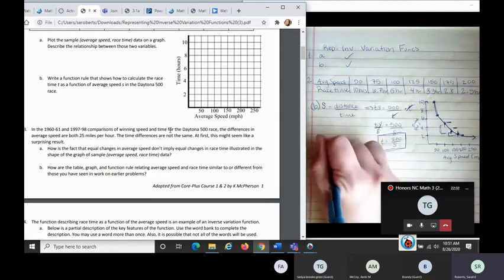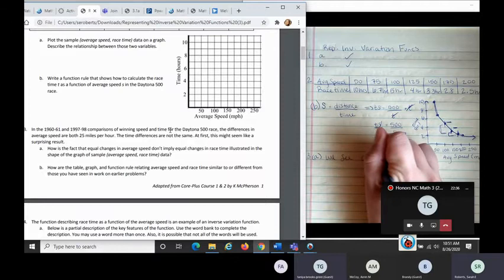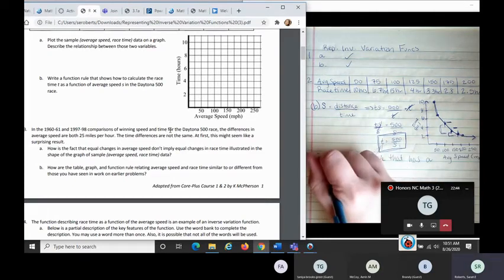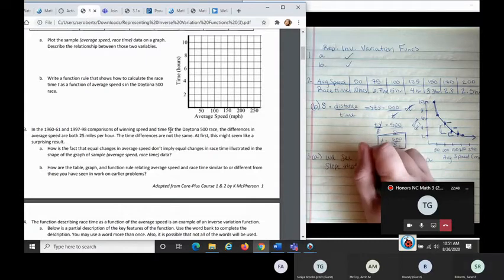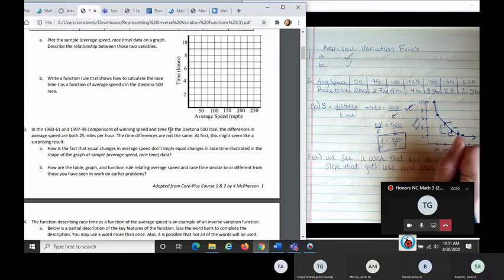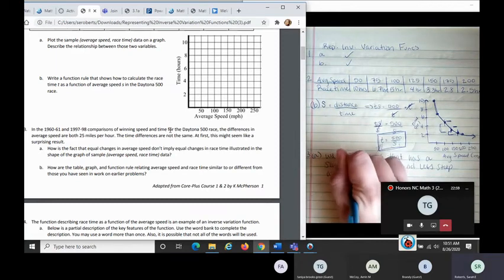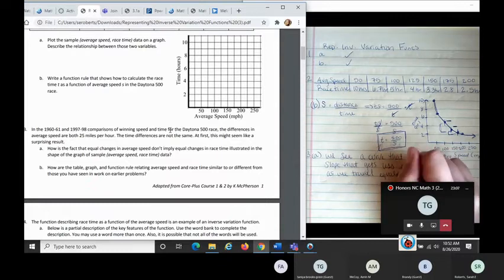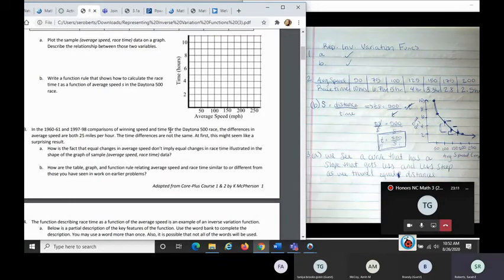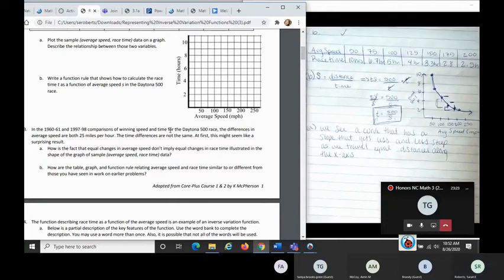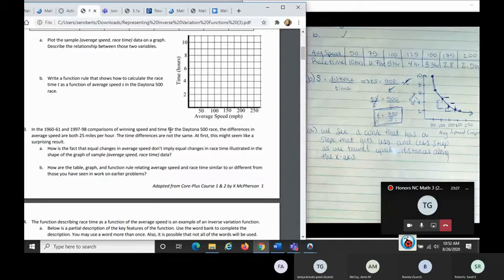Okay, so we see a curve that has a slope that gets less and less steep as we travel equal distances along the x-axis. There, hopefully that helps.